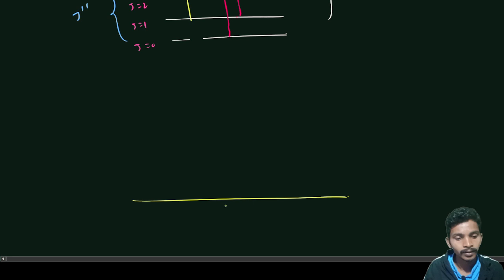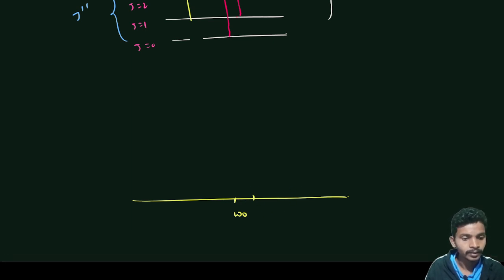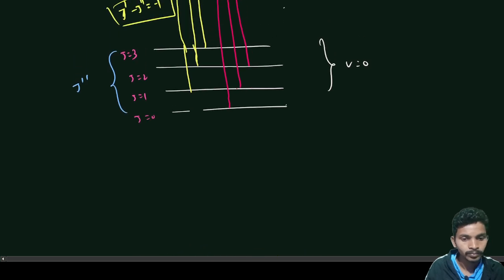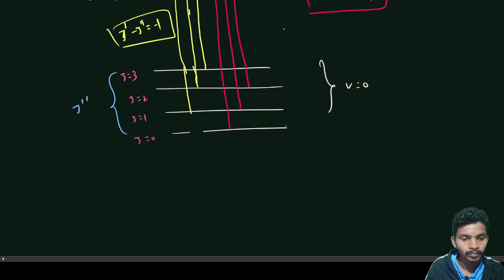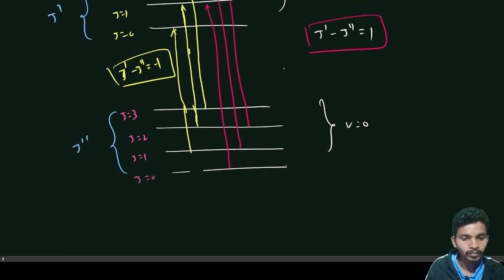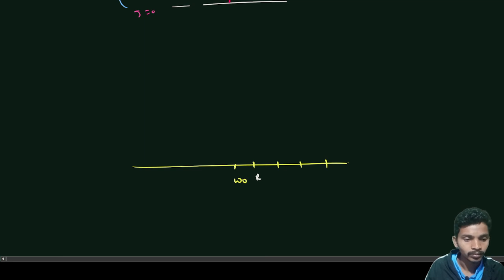Let's say this is omega naught, and here I can write, this starts from R0, R1, R2, R3, and let's say its intensities are like this.